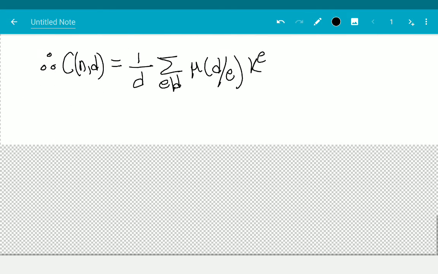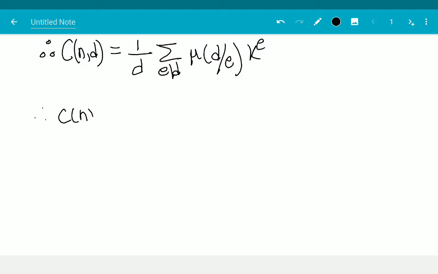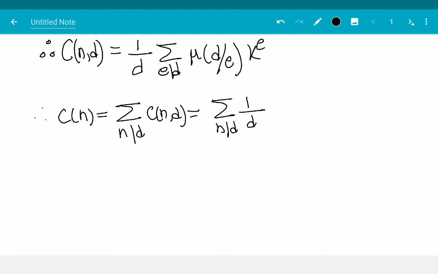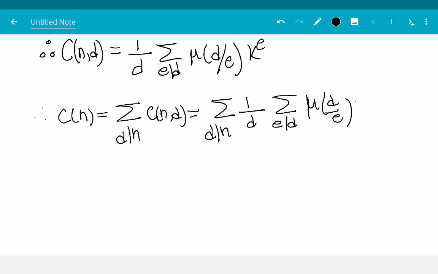and I know Cn is the sum of C and D's, therefore Cn is equal to summation D divides n C and D, which is equal to summation D divides n 1 over D summation E divides D, mu of D over E, k to the E, okay, which is equal to 1 over n summation D divides n, right?